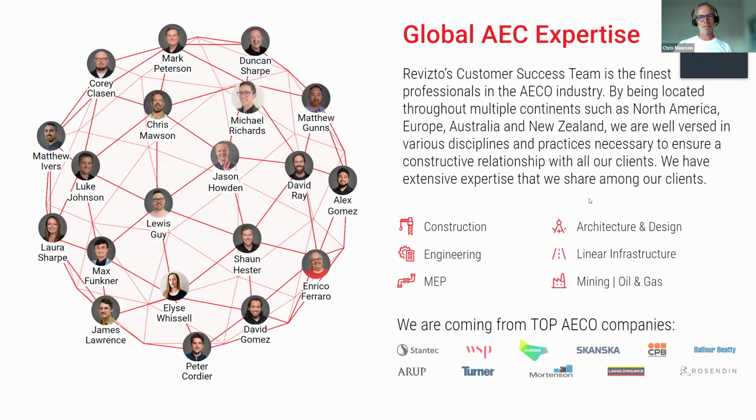Speaking of which, sorry, we have our global network. So I think at the last count, we were over 20 in and around the globe. So we've got various regions: North America, EMEA, APAC region. So the 4 in our region, you've probably spoken to these already: Duncan, Matthew, Michael, and myself. We've also got Jason Howden, who's our CIO for Revizto as a whole.